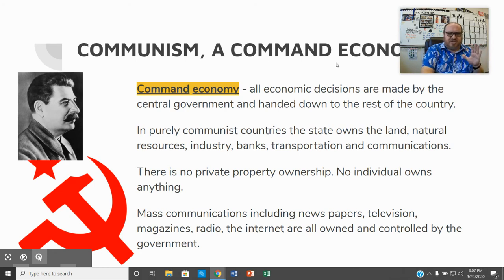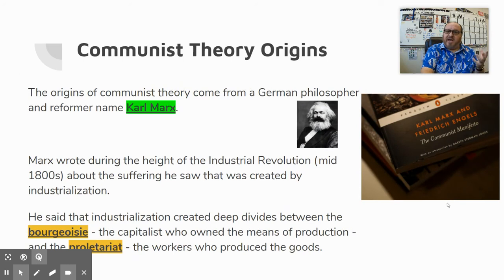They own all the industries. They own the banks, transportation, communications. They own it all. There is no private property ownership. No individuals own anything. All mass communications, newspapers, television, magazines, radio, internet is all controlled by the government. Okay? So it's a very authoritarian system for economics as well as in their government.